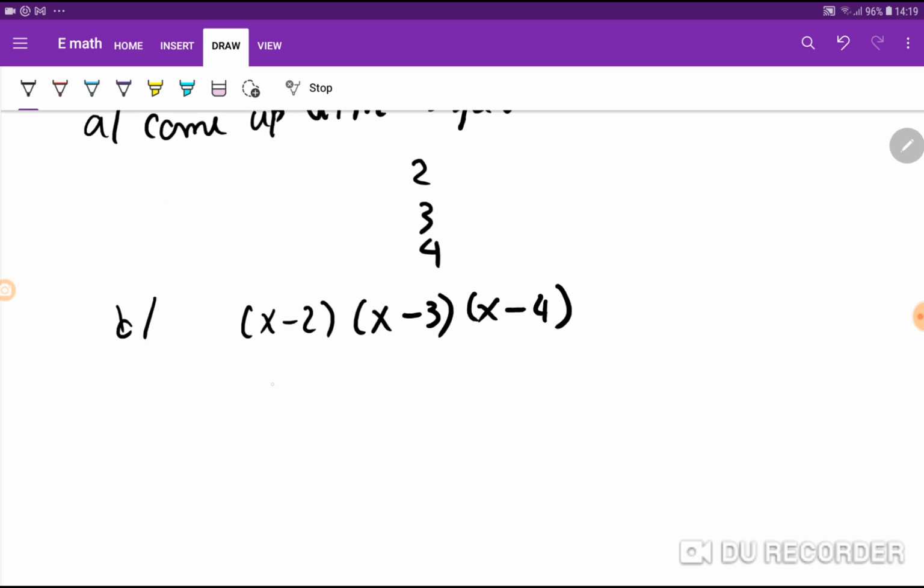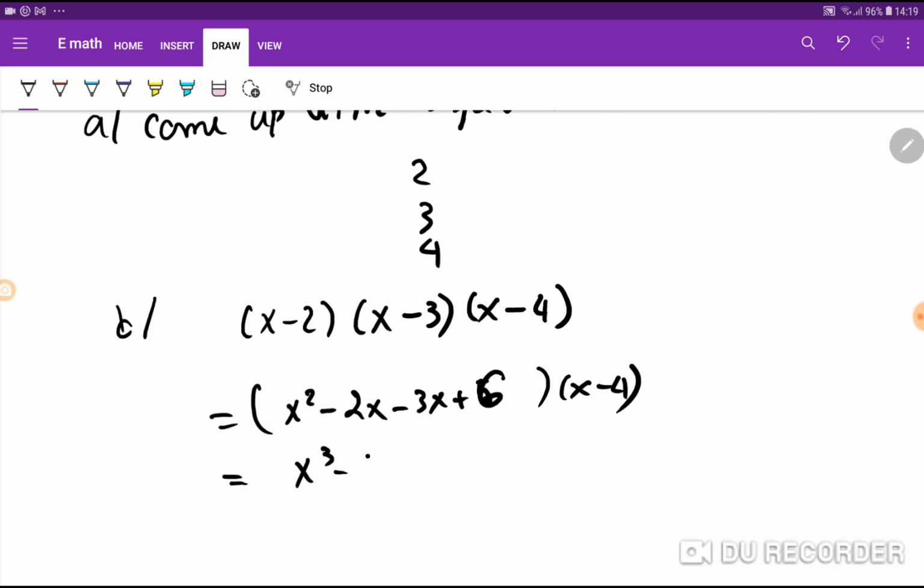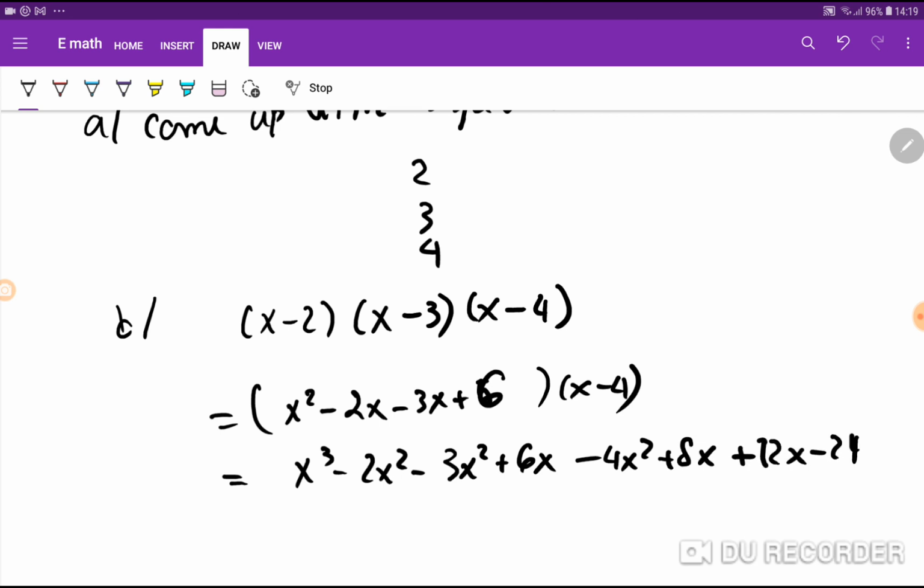After expansion, let's expand together. x minus 2 times x minus 3 gives x squared minus 5x plus 6, times x minus 4, equal to x cubed minus 2x squared minus 3x squared plus 6x minus 4x squared plus 8x plus 12x minus 24.